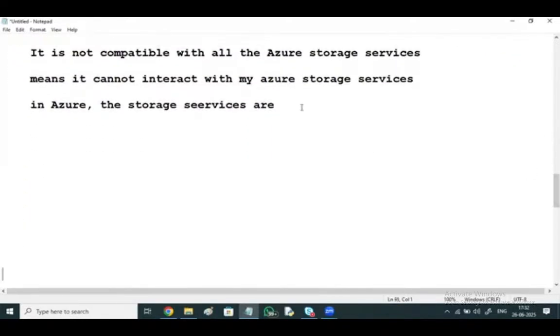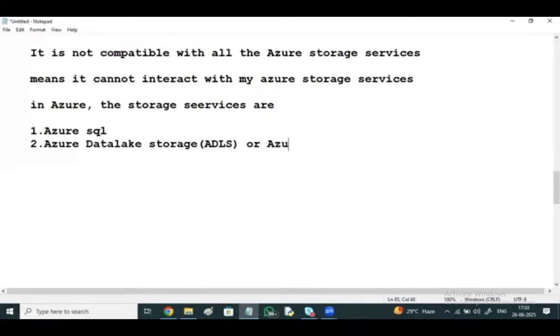In Azure, the storage services are Blob storage, Azure SQL, Azure Data Lake Storage, we say ADLS, now Azure Blob Storage, Azure Synapse, Azure Cosmos DB for NoSQL.